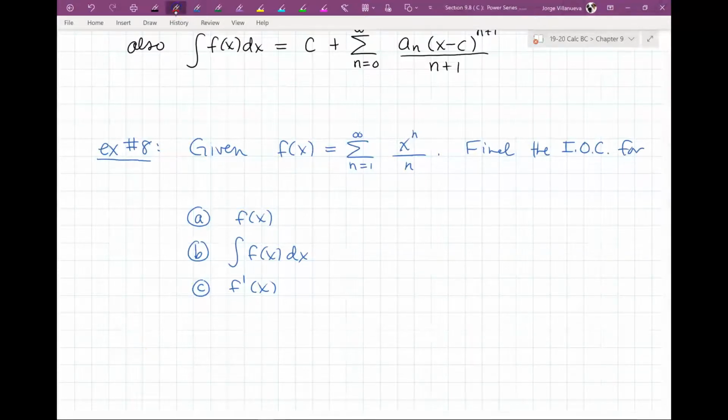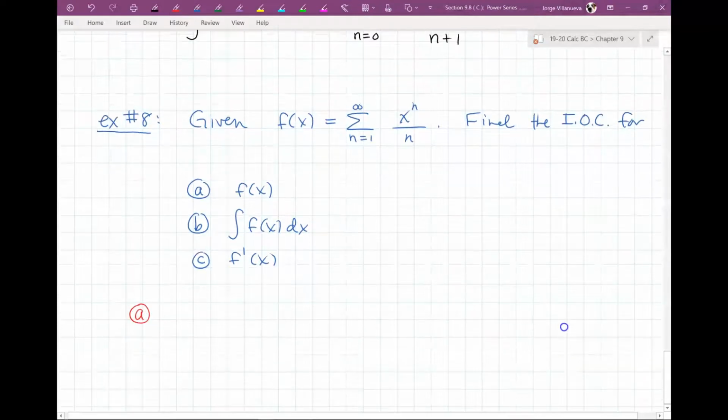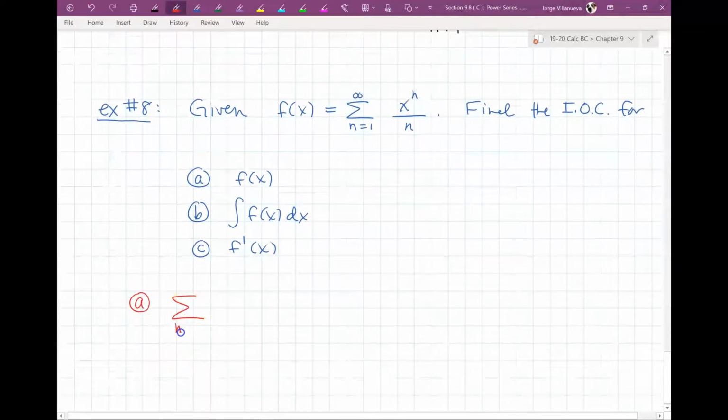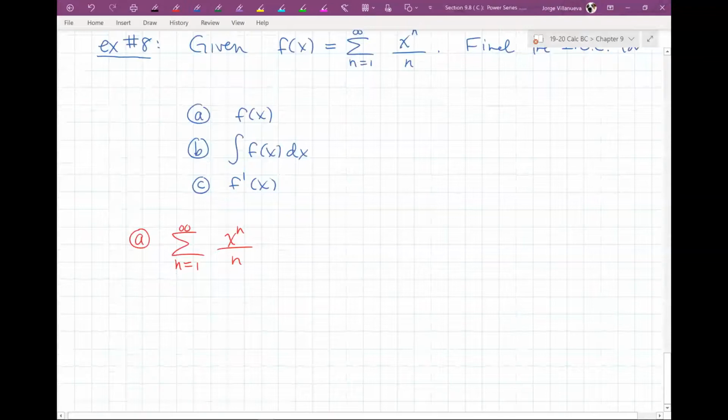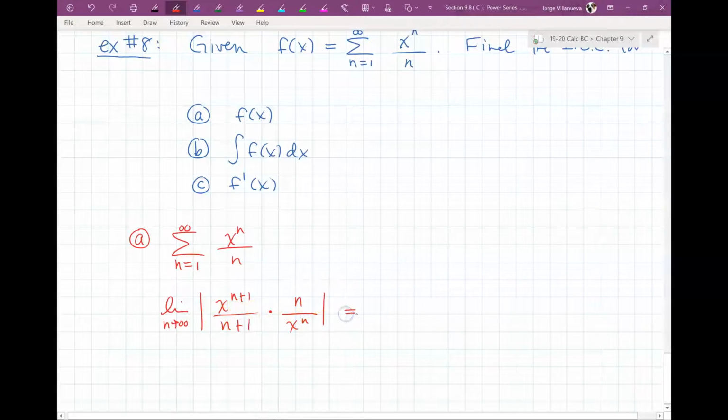Okay, starting with A. So I have this function here, and I'm going to have to check for its radius of convergence, interval of convergence, etc. So let's just do the limit as n approaches infinity of x to the n plus 1 over n plus 1 times n over x to the n. Now again, I'm going to cancel this stuff quicker now, okay?